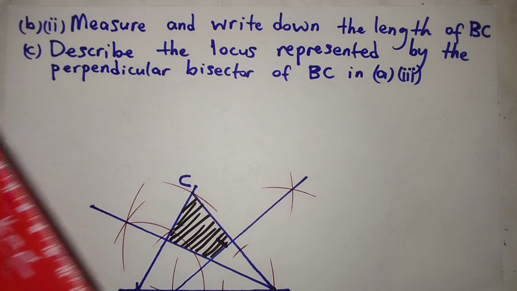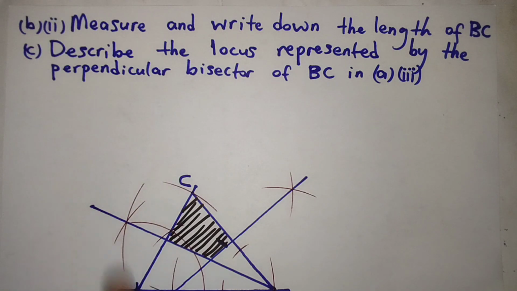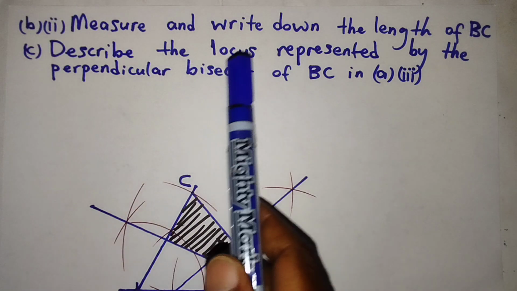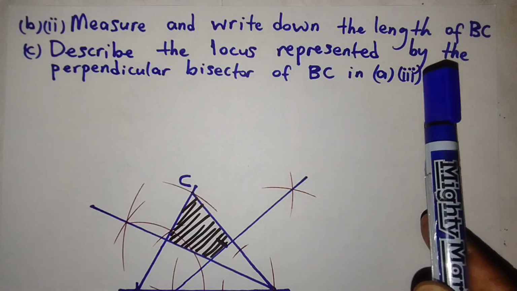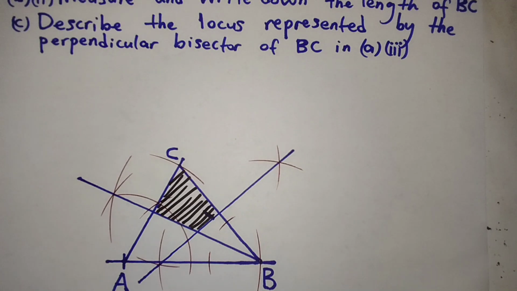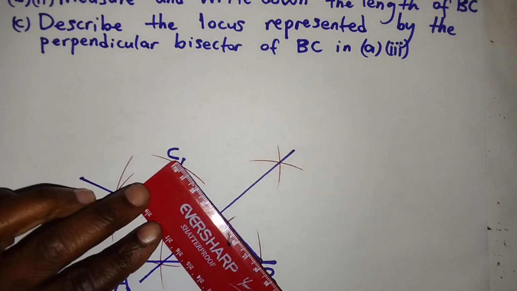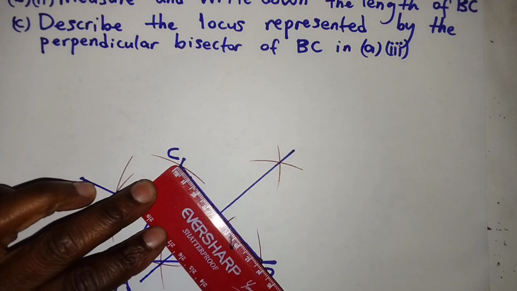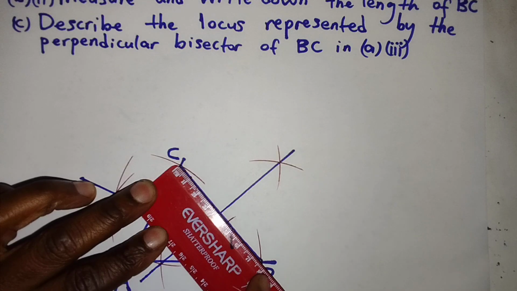Now we want to measure and write down the length of BC. Okay, so the length of BC, so using our ruler, as you can see, yeah, the length of BC is 7.5 centimeters.